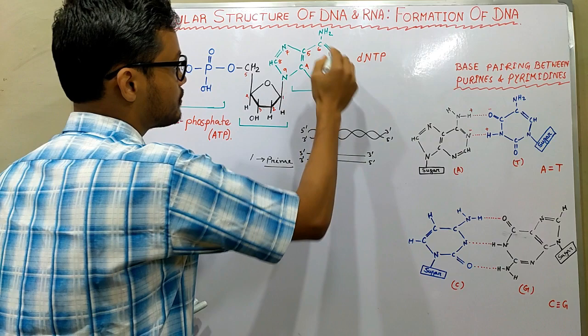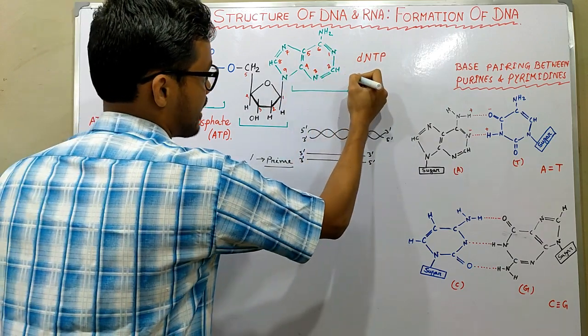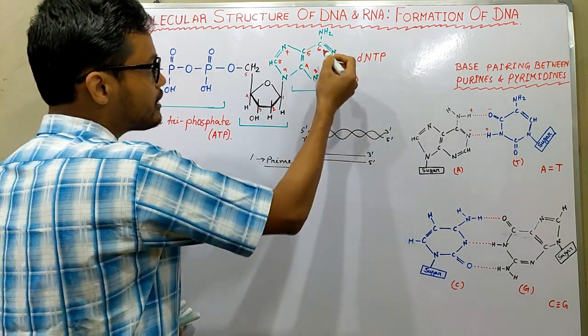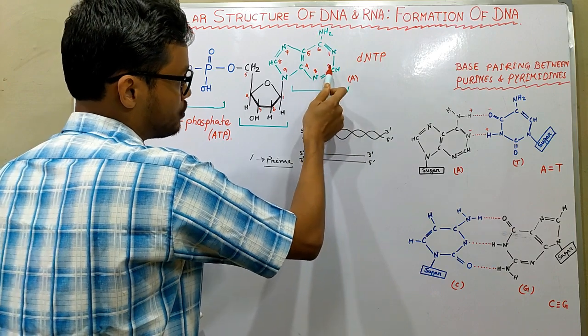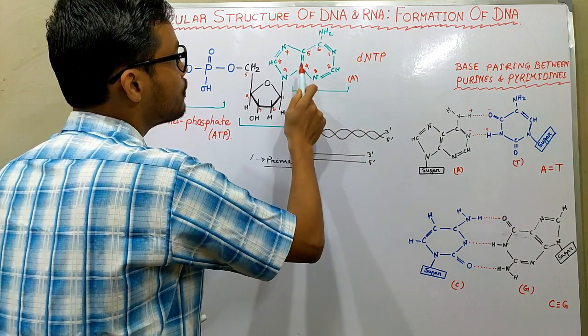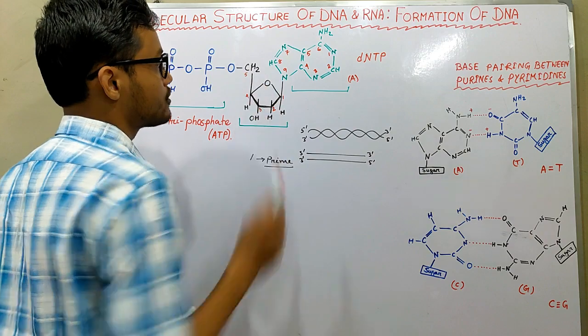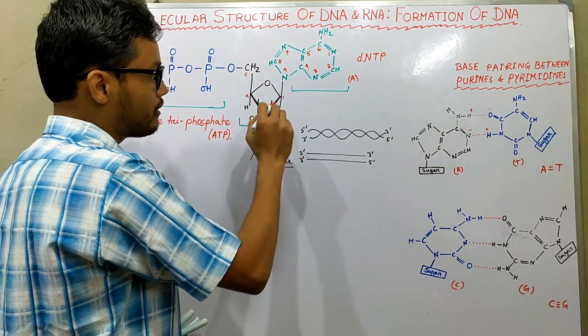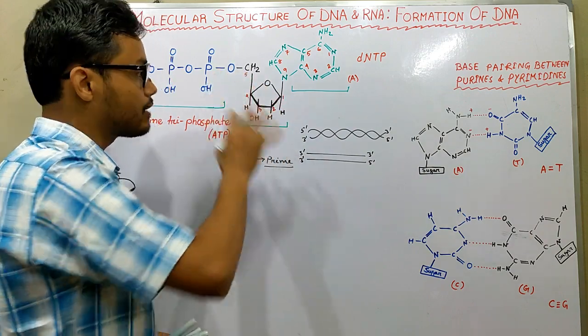In the nitrogenous base, here it is adenine, carbon is present in positions 2, 4, 5, 6 and also 8. But in the pentose sugar, 1, 2, 3, 4, 5, five carbons are present.